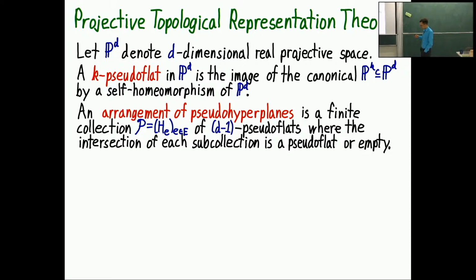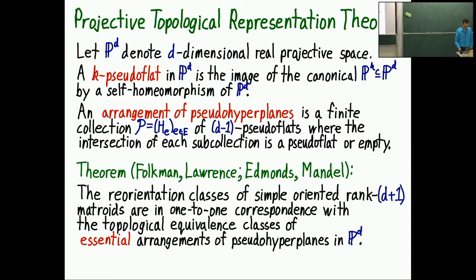Every two pseudolines in the projective plane have to intersect in exactly 1 point, and this is the general condition you'd get, extending that.